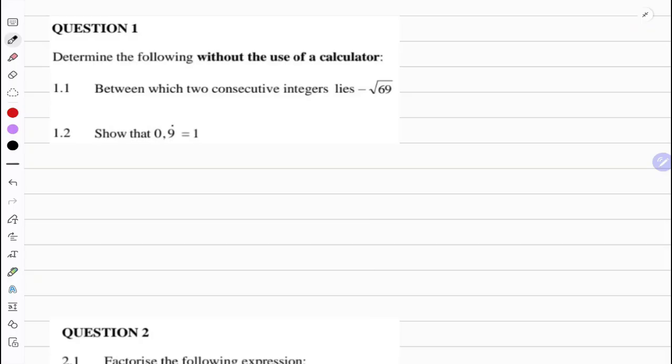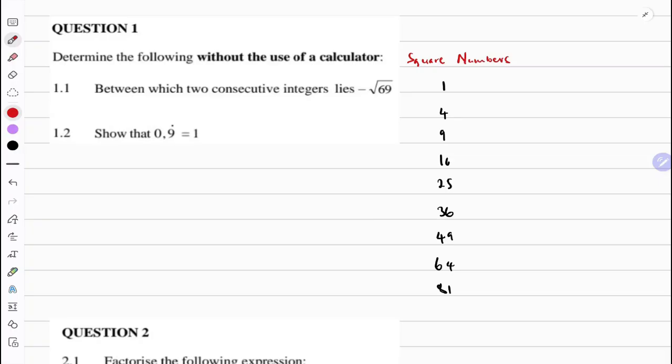So I'm going to list the square numbers. The square numbers are 1, 4, 9, 16, 25, 36, 49, 64, 81. So why are square numbers important in answering this question?